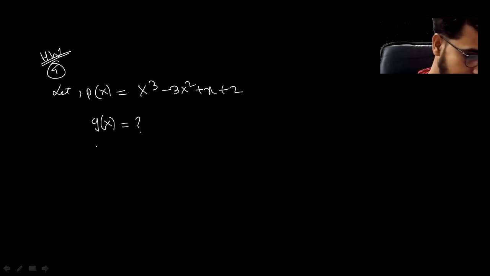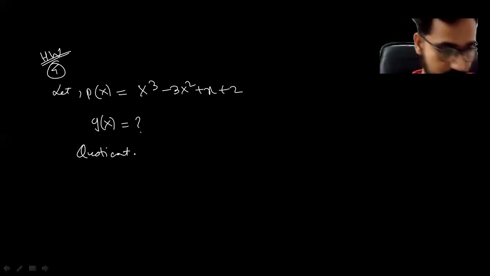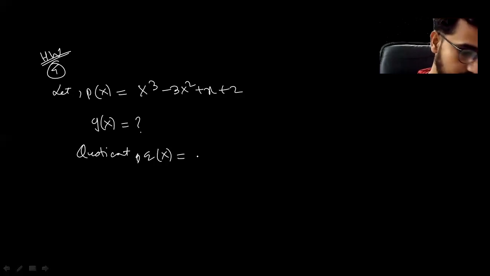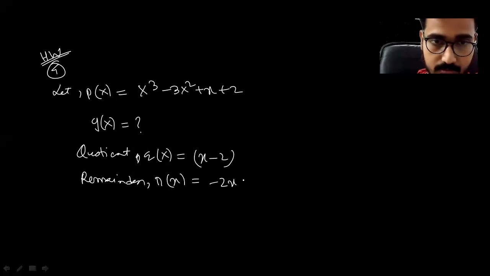So what is the quotient? Suppose qx is given as x minus 2, and the remainder is also given, rx equal to minus 2x plus 4. Now you have to find gx.